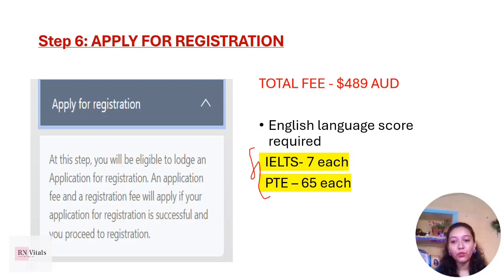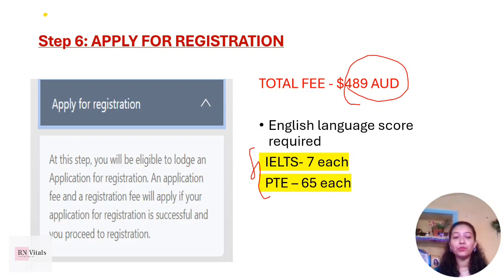You have to get your scores even after OSCE. So basically, it is the last second step on your RN journey. So don't rush for English language scores and all of that. You have enough time to prepare for it. Here the fees that you need to pay for registration is 489 Australian dollars, and then you'll be good to go.